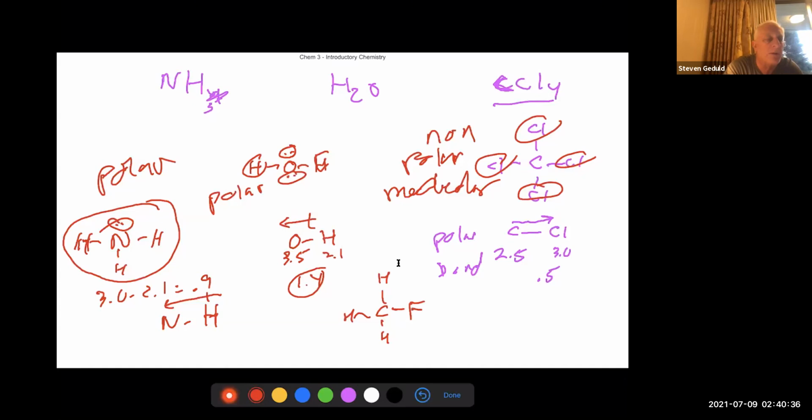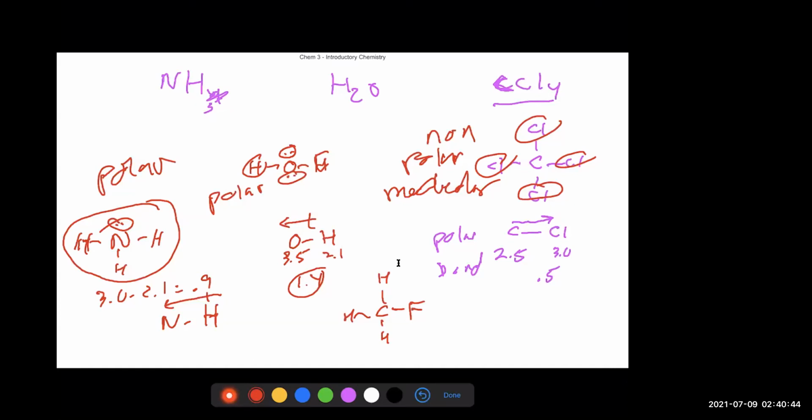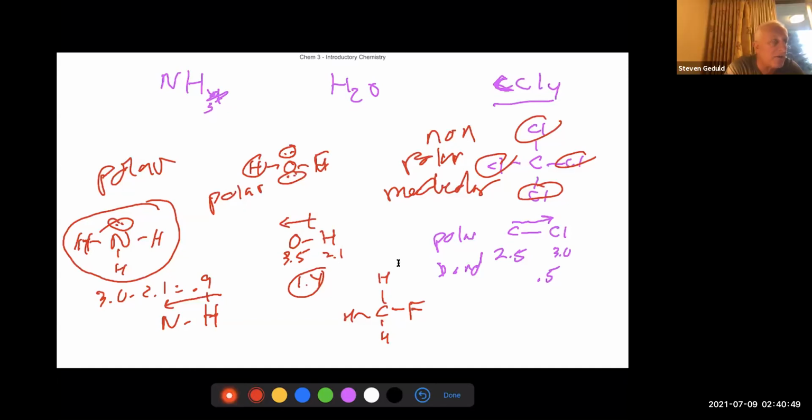To be non-polar, every force has to cancel out. Does it have 4 of the exact same things attached to it? No. So they're not going to cancel out. That has to be polar.